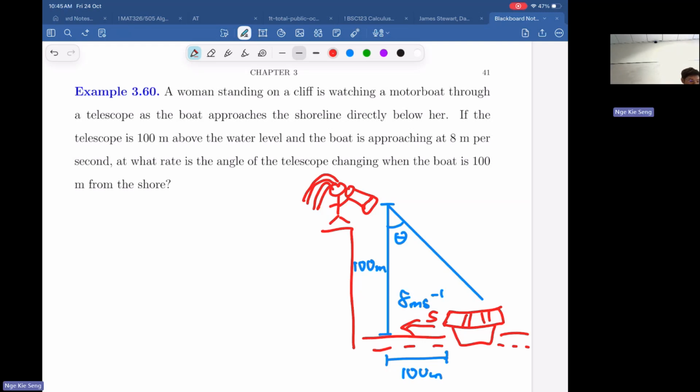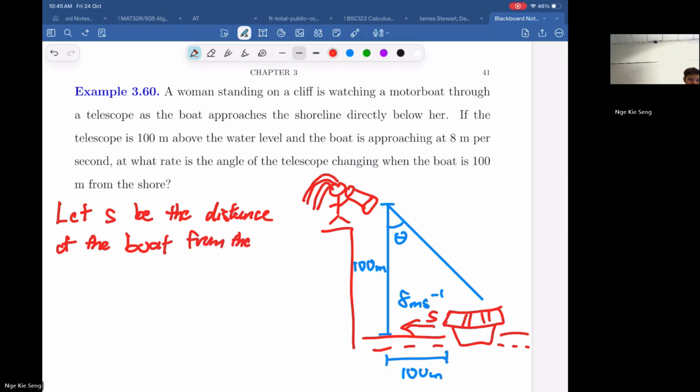There are really these two variables changing with time. So let s be the distance of the boat from the shore, and theta be the angle of the telescope.